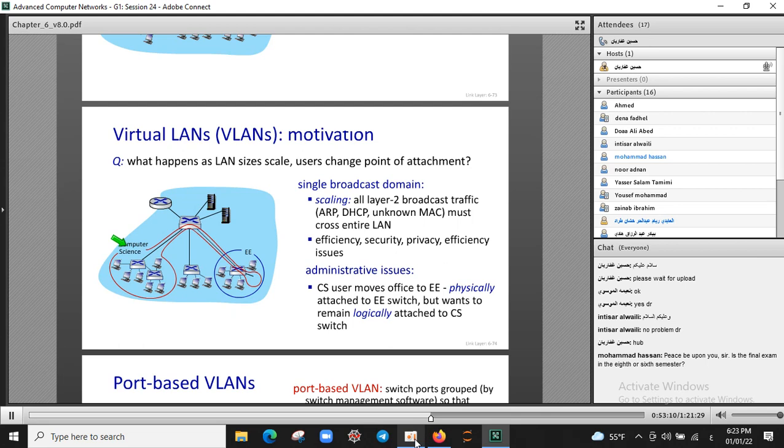The LAN on the left of this image has a single user inside the EE department. Physically, this device here on the right is a member of the EE, electrical engineering, department.